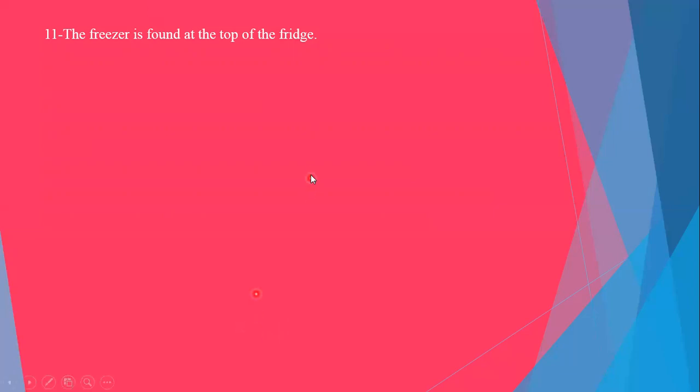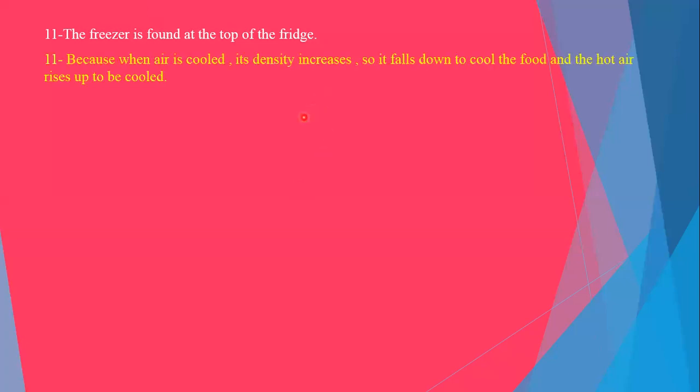At the same time, the hot air inside the refrigerator is going up or rises to be cooled, and after it is cooled at the freezer, it falls down again, and so on. Because when air is cooled, density increases, so it falls down to cool the food, and hot air rises up to be cooled.